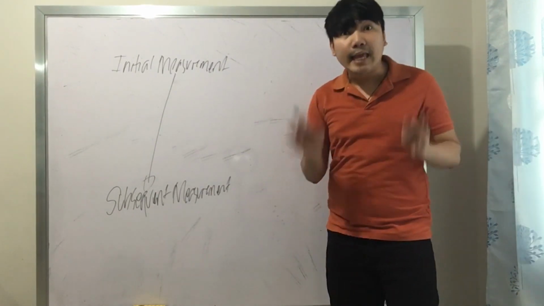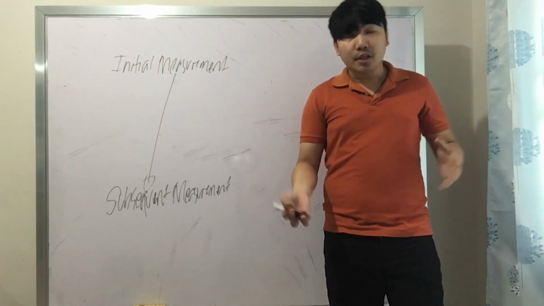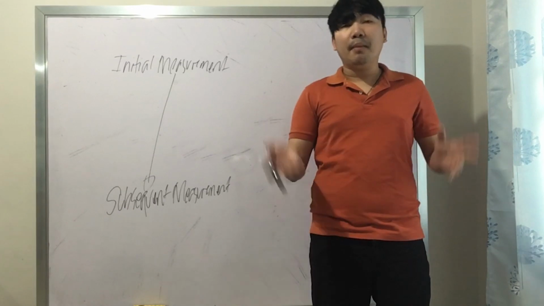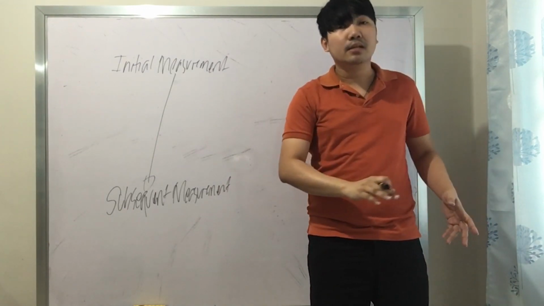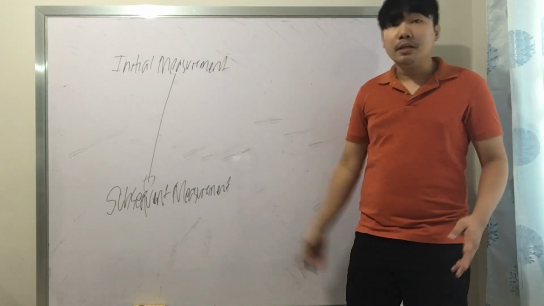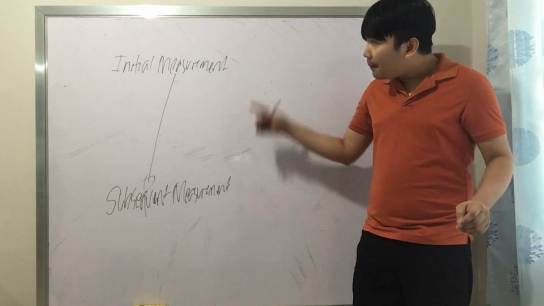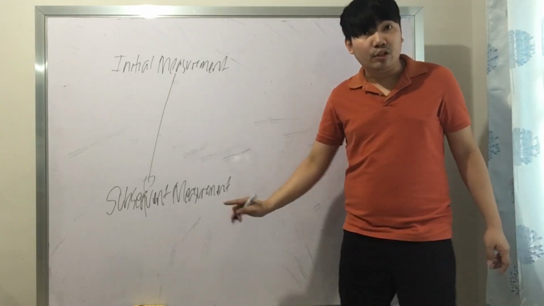Okay, class. Take note. Sa ating subject na intermediate accounting, in measuring assets and liabilities, you will be encountering these concepts, initial and subsequent measurement. So from this day onwards, binibigyan mo ng pansin ito.